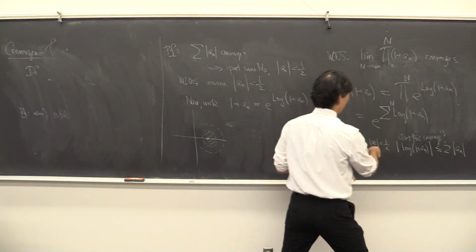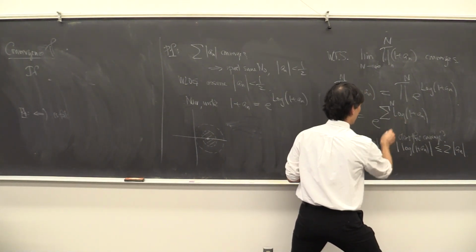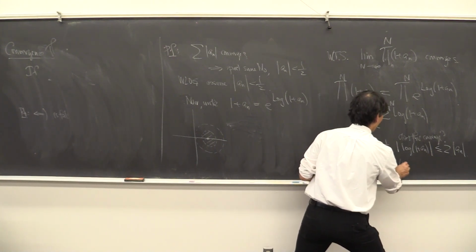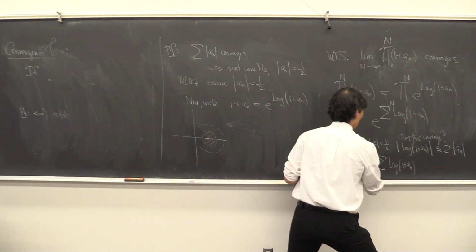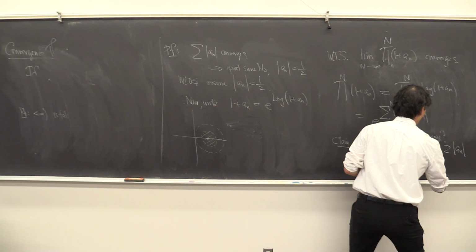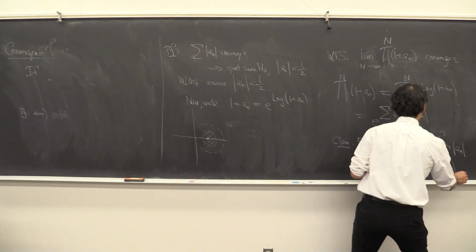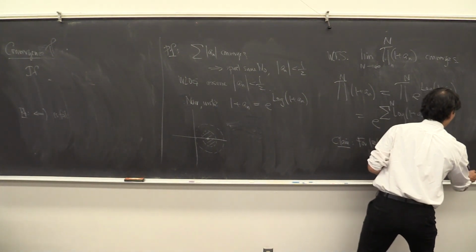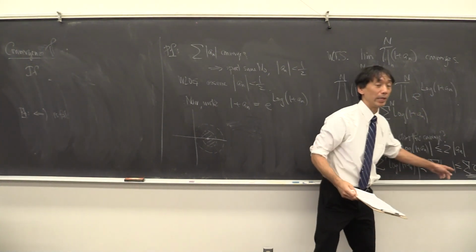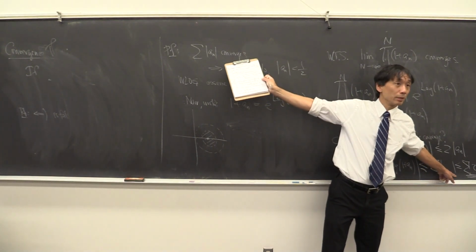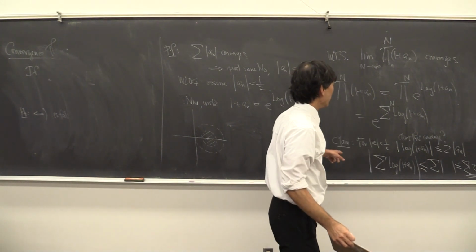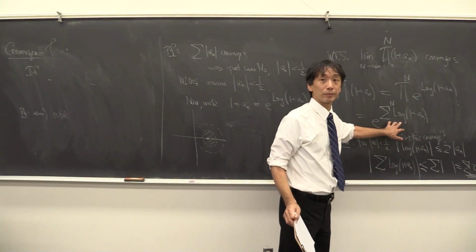So what we get from that is that the size of this sum is controlled by the sum of the absolute values of the logs, which is controlled by the sum of these guys. But that's finite, right? That's finite by assumption, and so we get that this thing is going to converge.